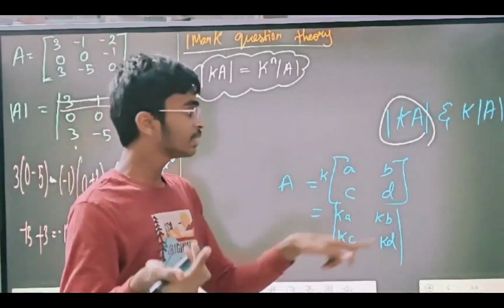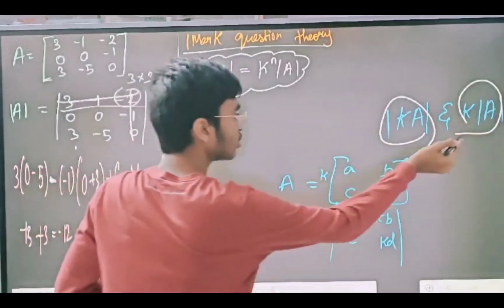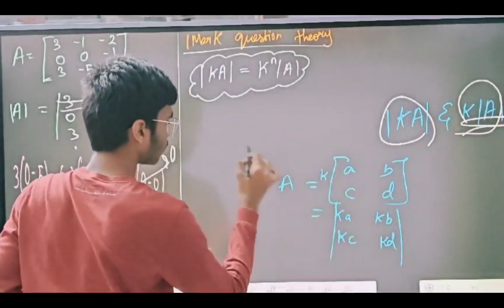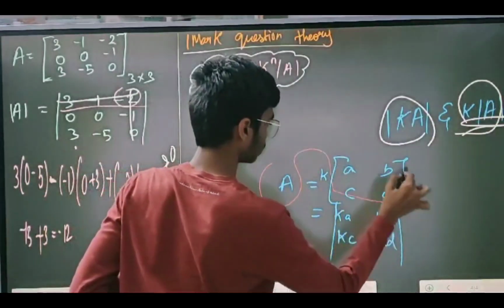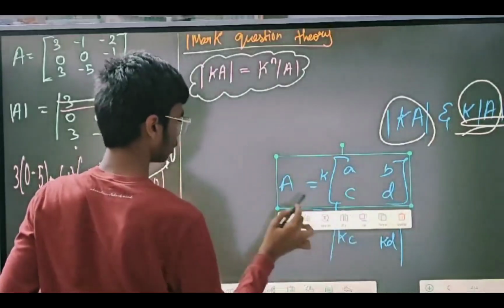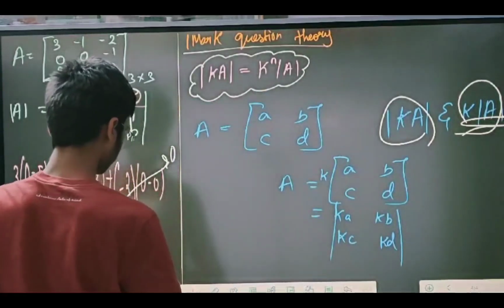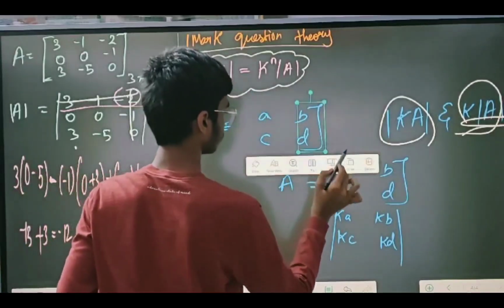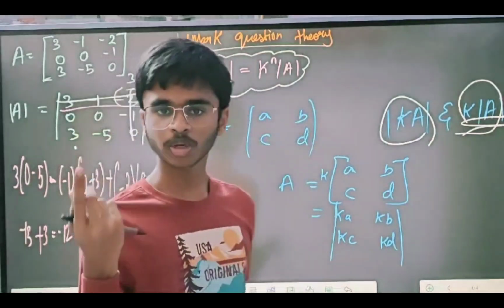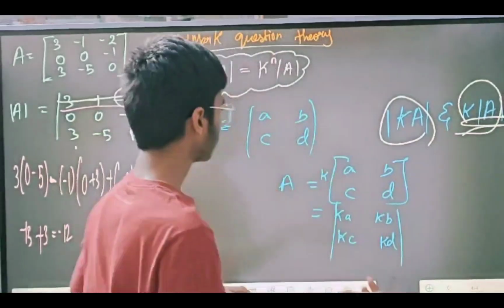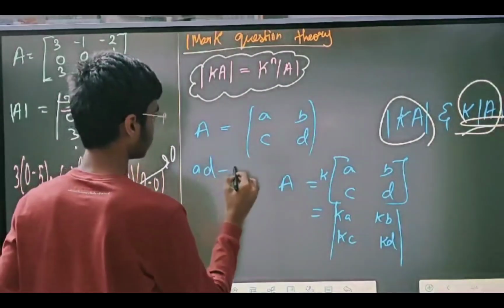Now in this next case, what we are going to do is first find the determinant of A. That means, first you are going to find this determinant. So the determinant is going to be ad minus cb.